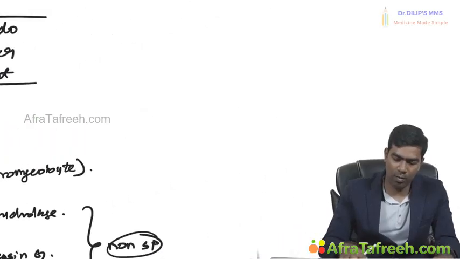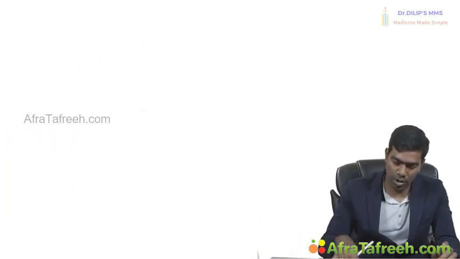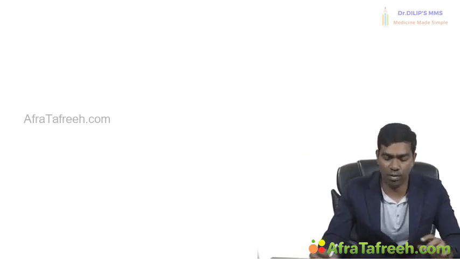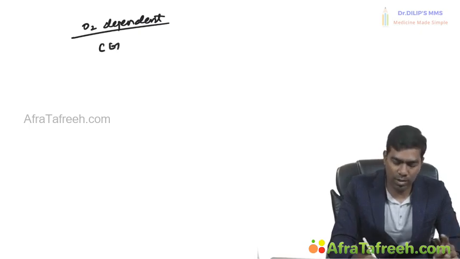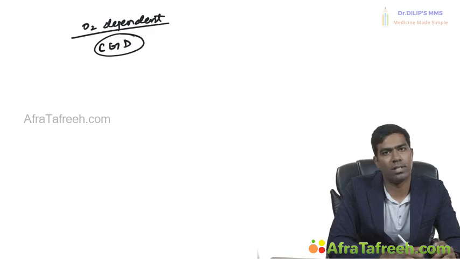That comes to a conclusion. And finally, what are the things that we saw in the disorders of the neutrophil? Two things. One is oxygen dependent killing defect, where we saw only one thing, that is chronic granulomatous disease.